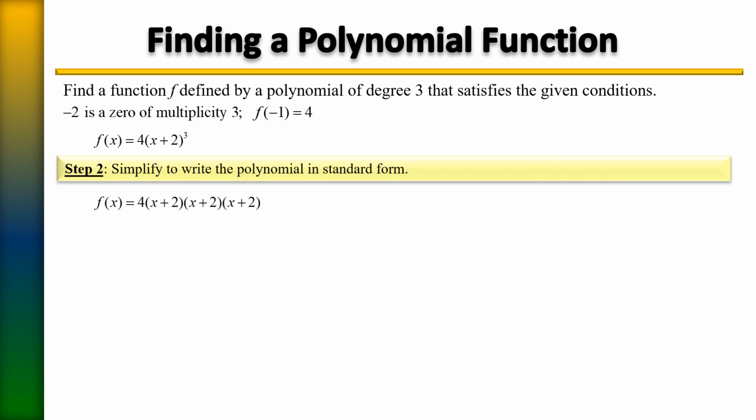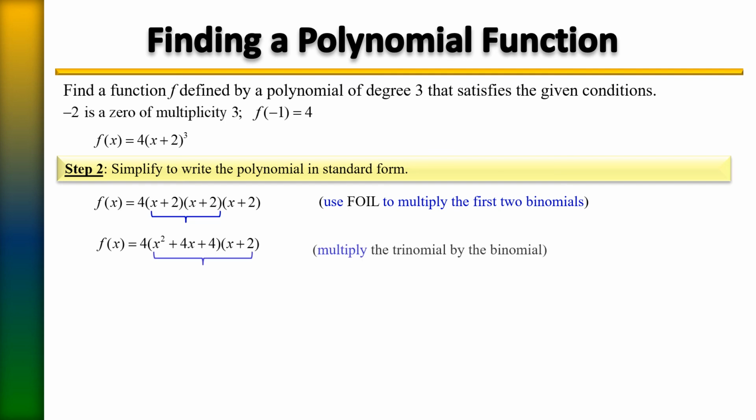The next thing you're going to do, like I said in the previous problem, is take 2 of them and use FOIL, first, outer, inner, last, 2 of the binomials, 2 at a time. There you go. That's going to give us a trinomial, and then you're going to multiply the binomial with the trinomial. So let's go ahead and do that.